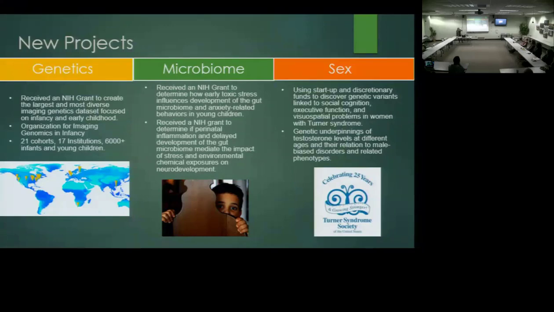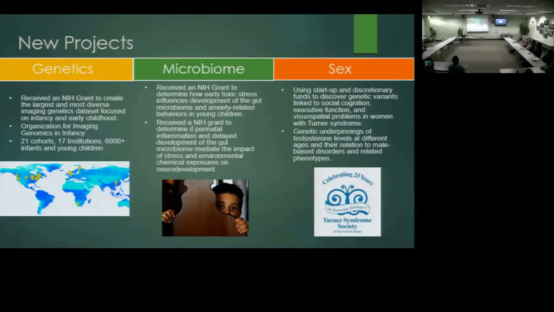This has been done through the Organization for Imaging Genomics in Infancy, which I founded in 2017 to facilitate this kind of work. It's now grown to include 21 different cohorts coming from 17 different institutions. And ultimately, we're expecting to have a data set of more than 6,000 children, with most of them having multiple brain scans and a significant subset having detailed behavioral and cognitive data as well.